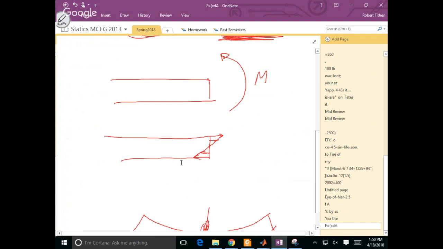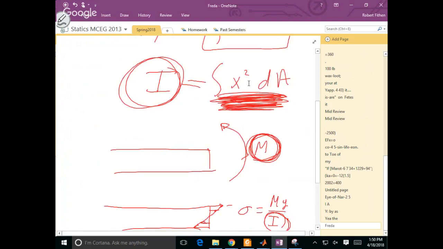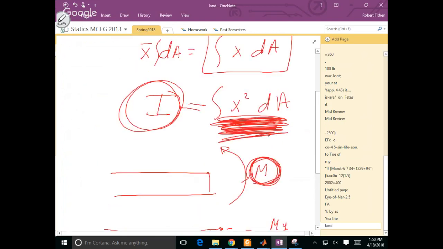You'll develop a relationship which you take this moment, which we learned from that last section, and you'll say, well, the maximum stress here is M, and depends on who writes this, whether it's a Y or a C, over I. And that I is exactly the term that we see here. Although you see no evidence that this is going to be used in this way later on, it does actually get used that way in mechanics of materials.